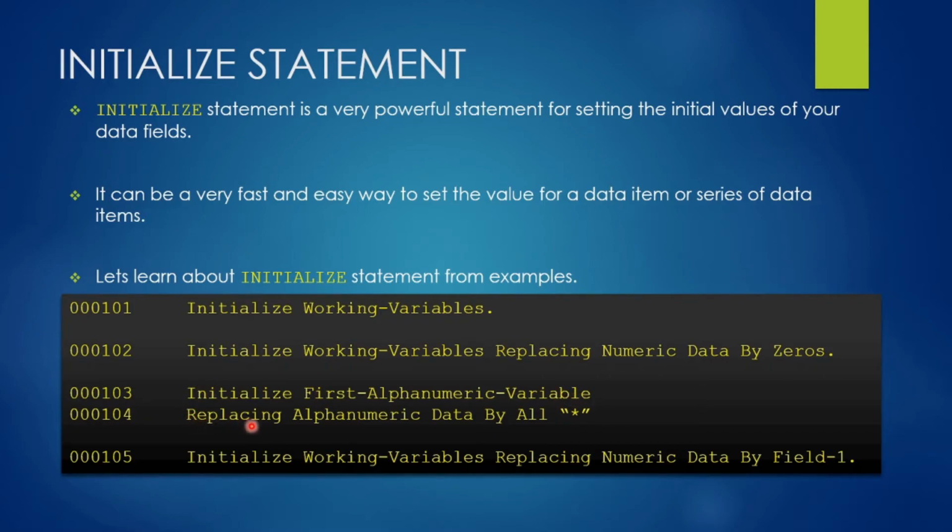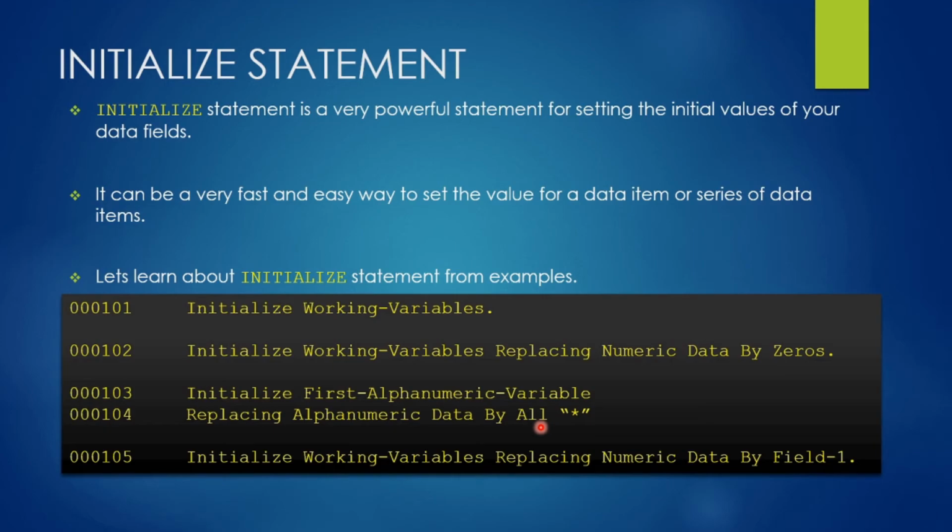After that, we have coded REPLACING ALPHANUMERIC DATA BY ALL, and then we have given the asterisk sign under the double inverted commas. As we want all the characters of first alphanumeric variable to have the asterisk symbol, we have used the ALL keyword. If we do not use the ALL keyword, then the INITIALIZE statement will fill the first character of first alphanumeric variable with an asterisk sign and the rest of the characters with spaces.